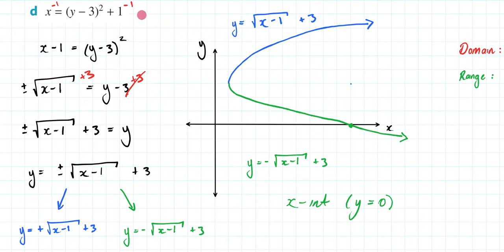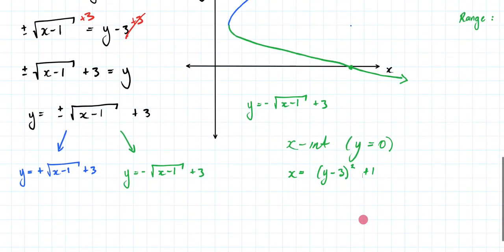So let me just take this, x equals (y minus 3) squared plus 1, come down, and set y equal to 0, so get rid of that and put a 0 there. Now this is the same as x equals (0 minus 3) squared plus 1.